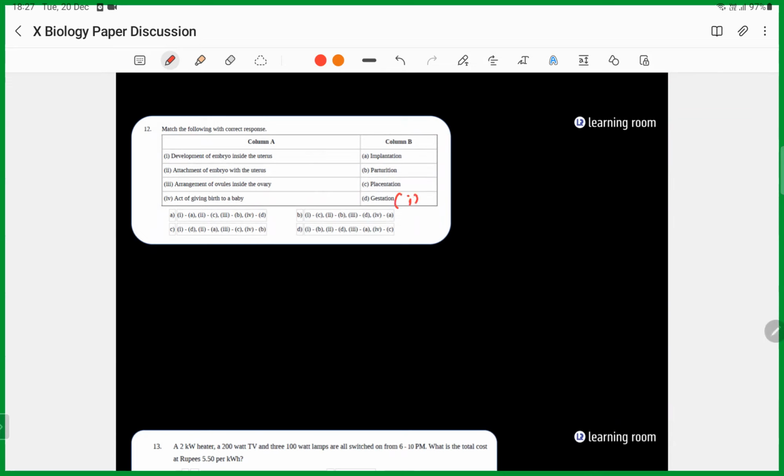Attachment of the embryo with the uterus? Implantation. Arrangement of ovules inside the ovary? Placentation. Act of giving birth to a baby? Parturition.